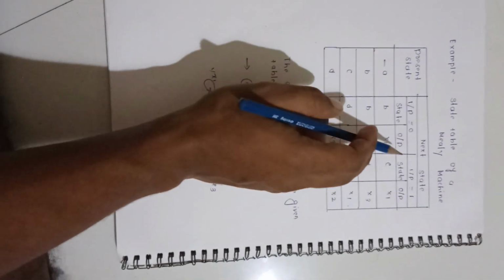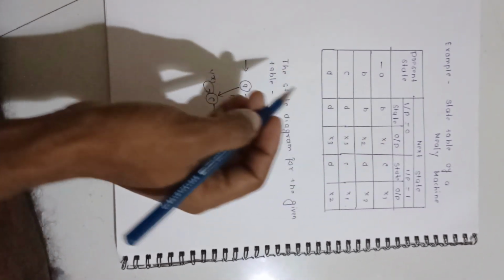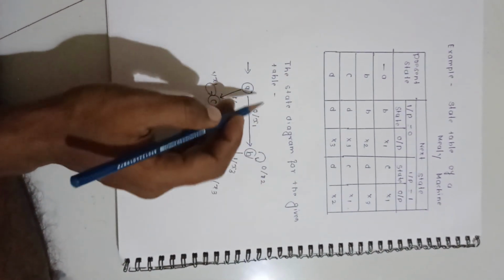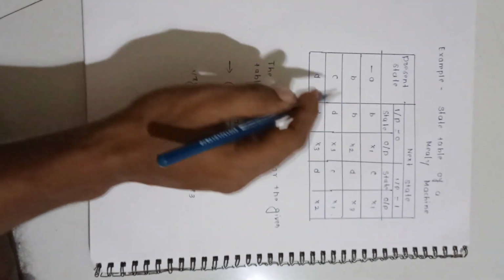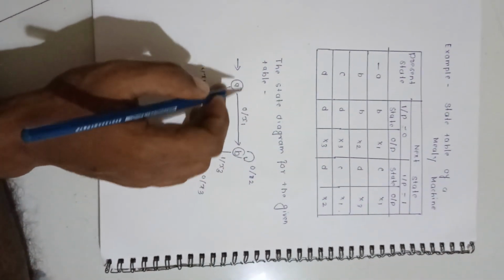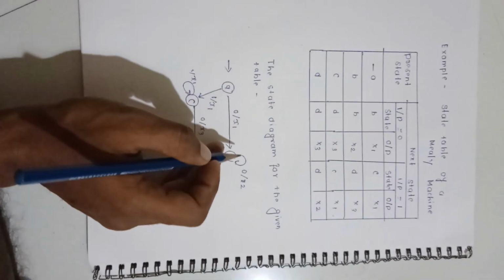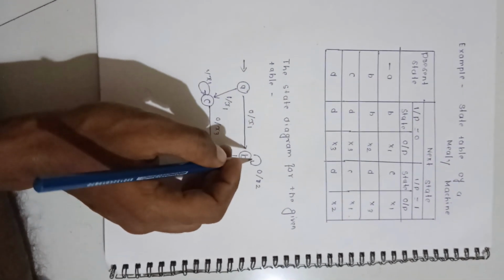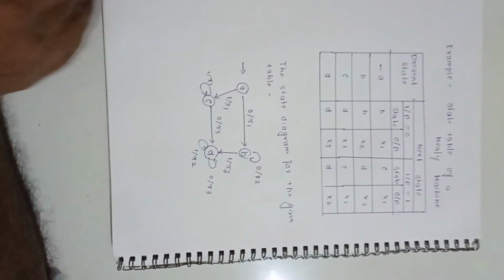As we see, with the help of the transition table we can easily draw a state diagram or transition diagram. Okay, thank you.